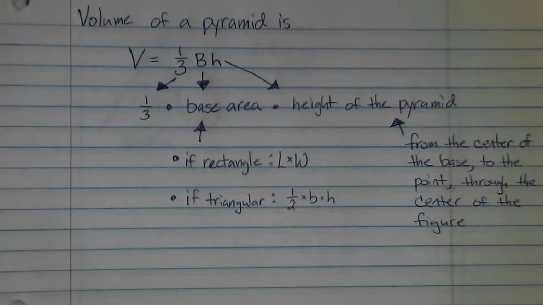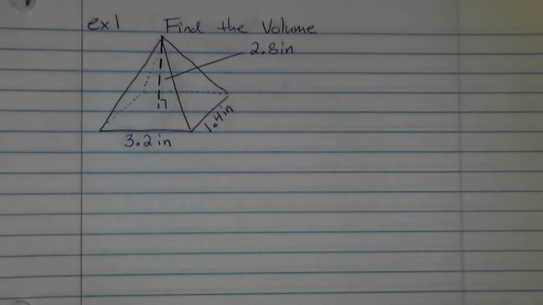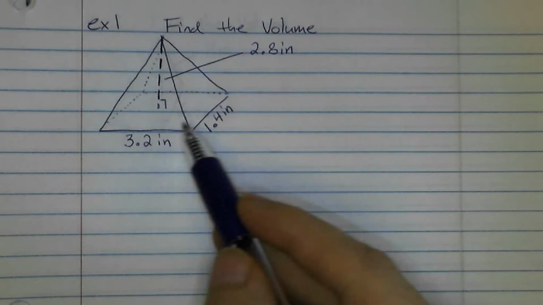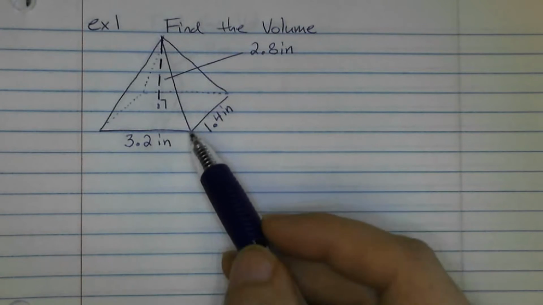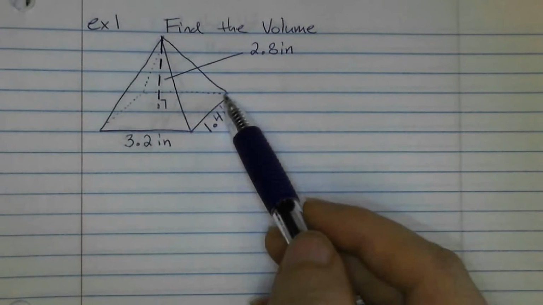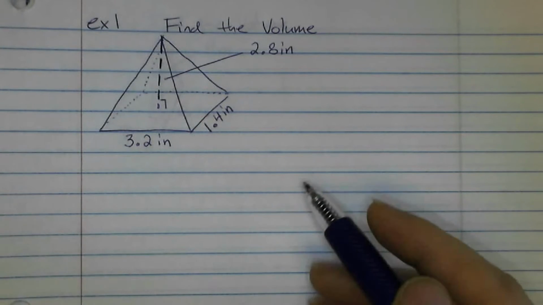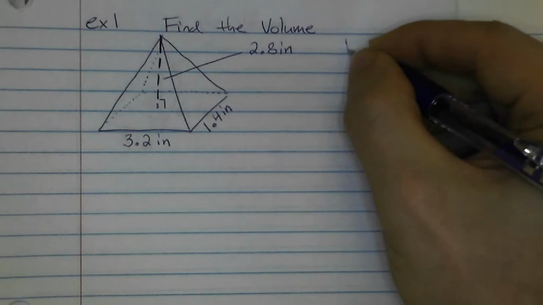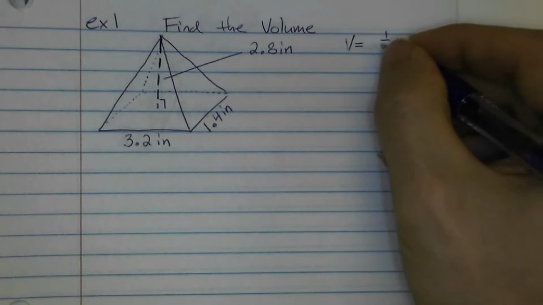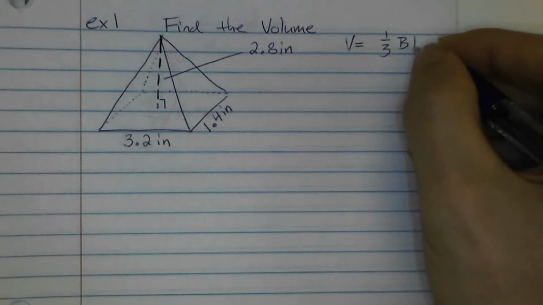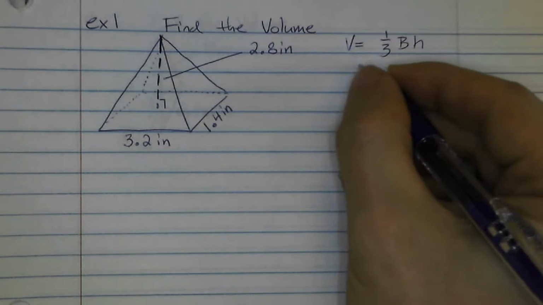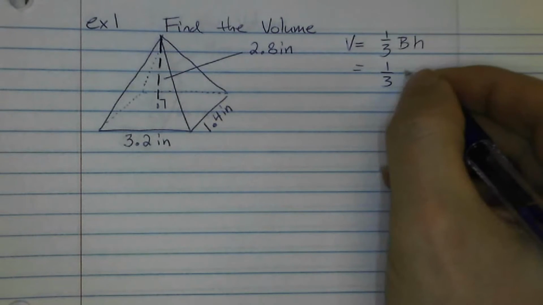Let's take a look at some examples. So here, I've got a rectangular pyramid. How do we know it's rectangular? We'll look at the shape on bottom. It's a rectangle. And I want to find the volume of this. So, we know that our formula is V equals 1/3 BH. The 1/3 is just 1/3.